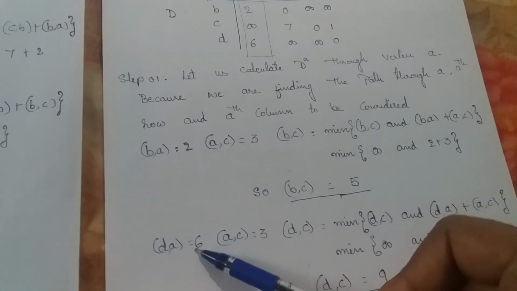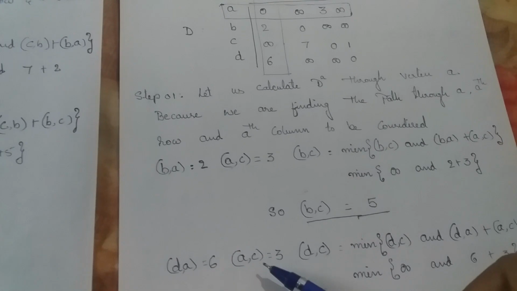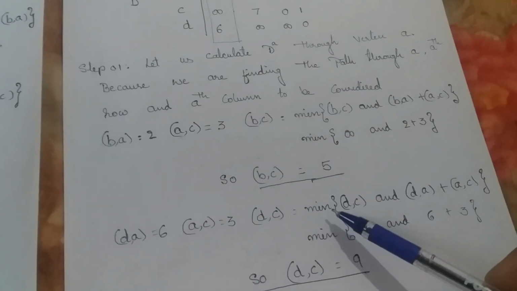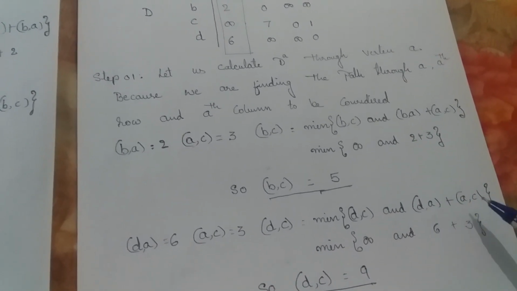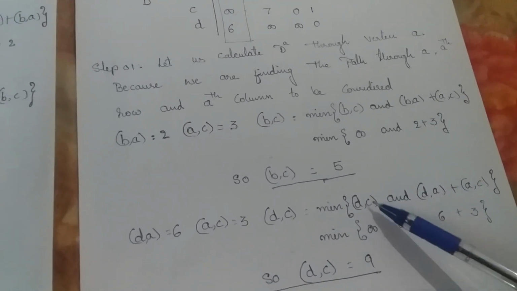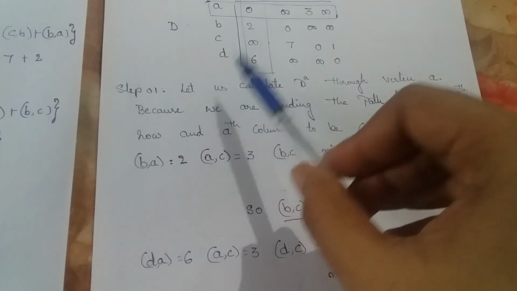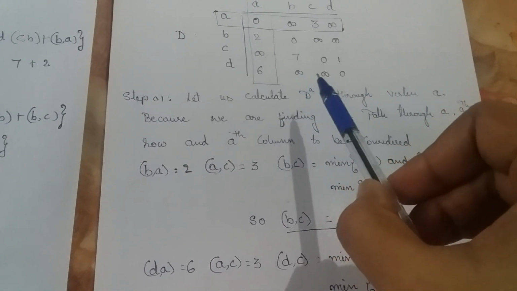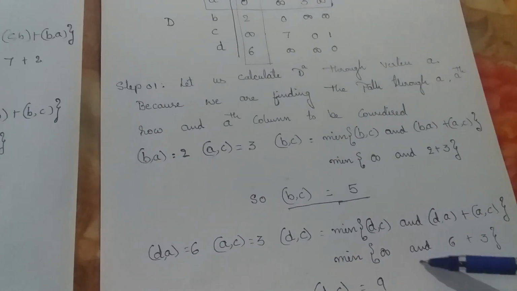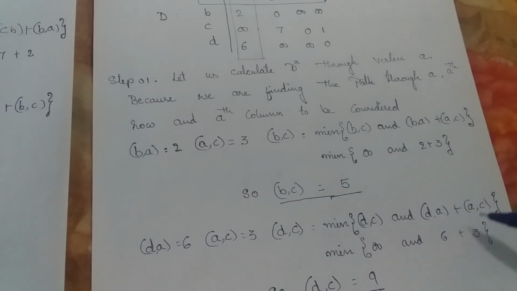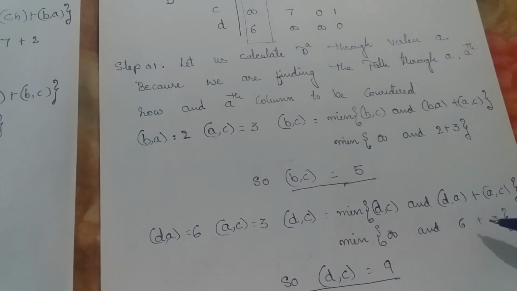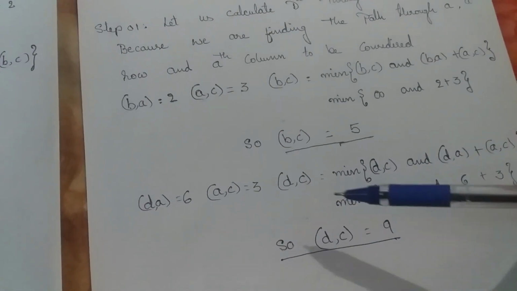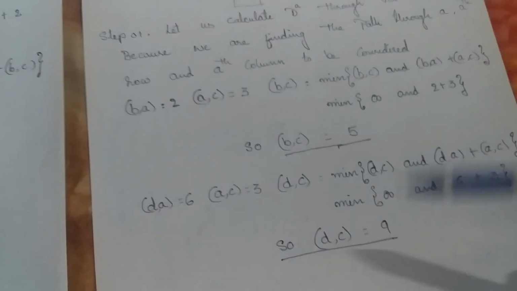So by applying transitive closure we will get D to C, by taking the minimum of D to C and D to A plus A to C. D to C is infinity, D to A is 6 and A to C is 3. So 6 plus 3 is 9; between infinity and 9, the minimum is 9. So I am setting the path D to C to 9.